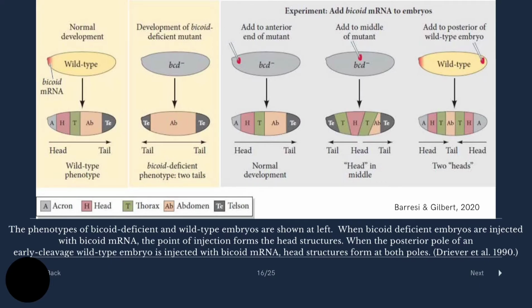And the next three experiments, the first one is the injection of the bicoid mRNA to the anterior region of the bicoid deficient embryo.